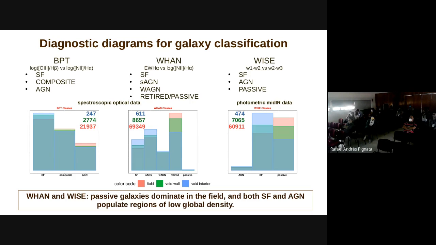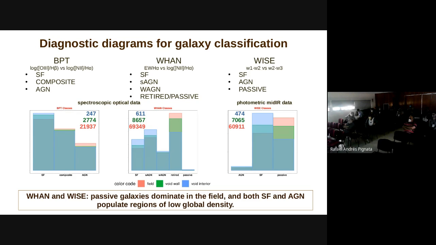We can select star-forming galaxies, composite galaxies, and AGN. We can also use the WHAN diagnostic diagram. This has the advantage of using only 2 lines, and we can classify galaxies as star-forming, strong AGN, weak AGN, and we can also obtain retired and passive galaxies.